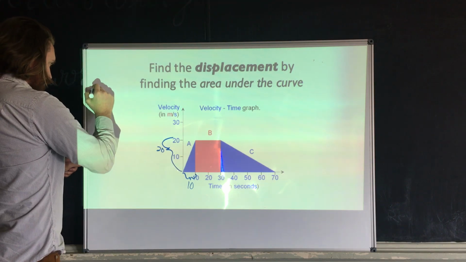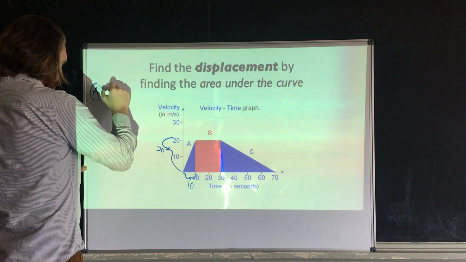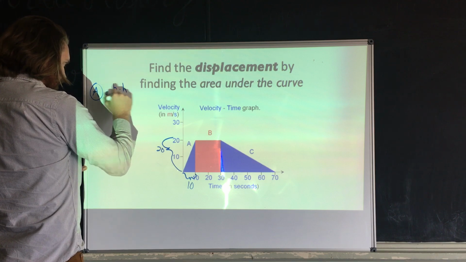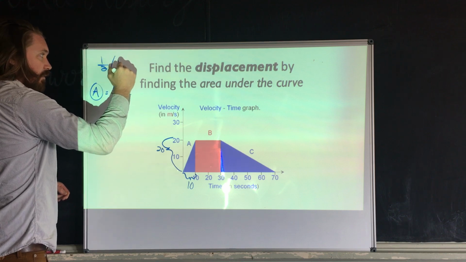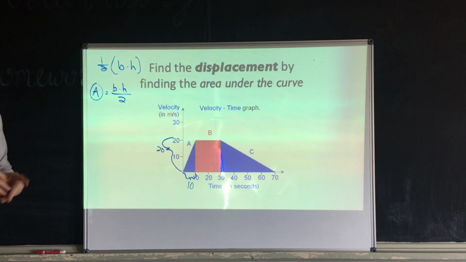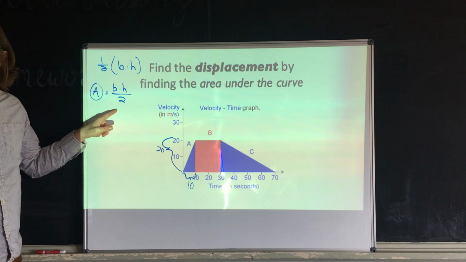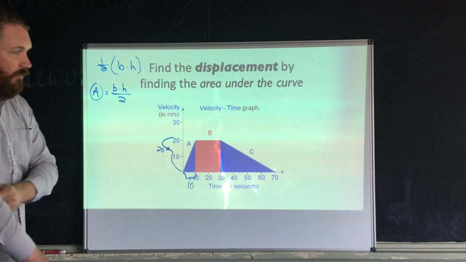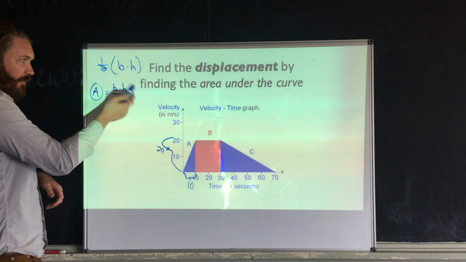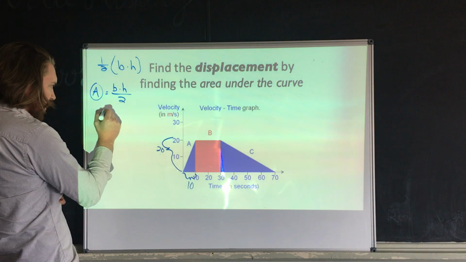So for A, we're going to have base times height divided by 2. This is exactly the same as 1/2 base times height, so don't let that confuse you. I know I used the other one the first time. This one might be a little easier to see, but these two things are 100% equal in terms of math. We plug our numbers in.